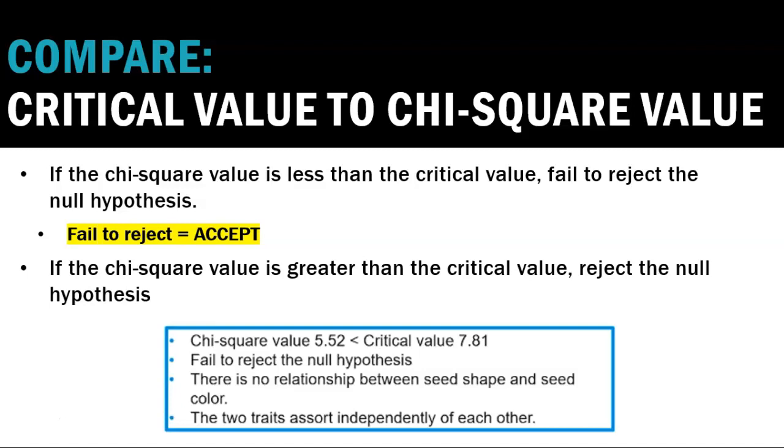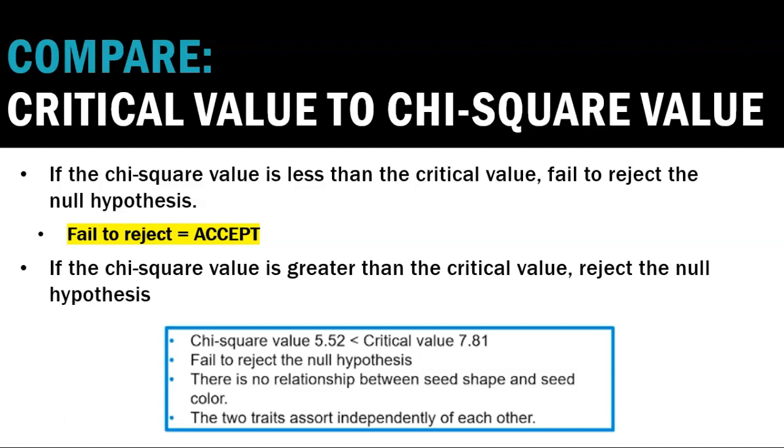Up next, if the chi-square value is greater than the critical value, then you're going to reject that null hypothesis, okay? And so because my chi-square value was 5.52, it was actually less than the critical value of 7.81. And remember, that critical value came from the table on the previous slide, all right? Therefore, we fail to reject the null hypothesis or accept the null hypothesis.